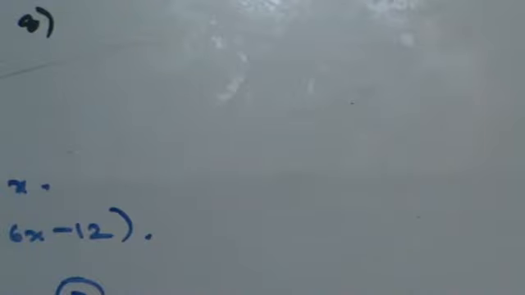Show that its perimeter will be least when it is a square.